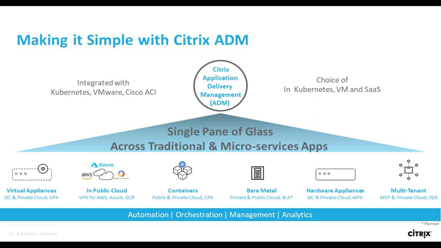We mentioned the proxy. Now, let me talk about the control plane and observability. We have a platform called ADM. Citrix ADM, think of it as a control plane and an observability plane that runs as a service as well as software that can be deployed on-prem. It is integrated with Kubernetes. It also integrates with all Citrix ADC endpoints, proxies, and platforms.